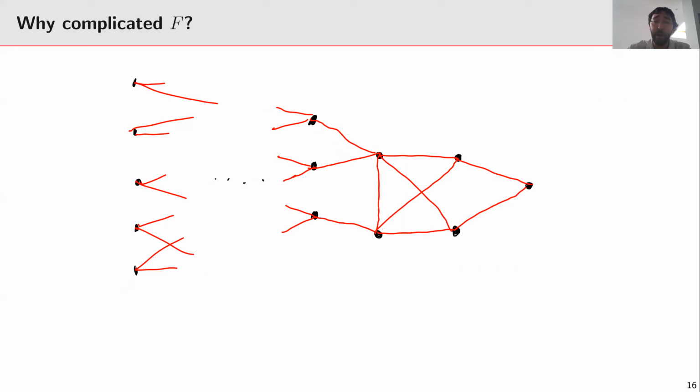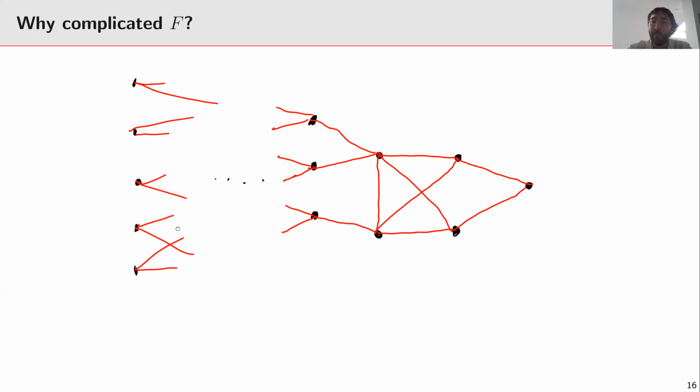Suppose that this is the graph F that I'm trying to embed, or this is a big constant size part of it. Suppose that over here, I've already embedded these vertices. And so far, I have not done anything stupid, whatever this should mean. And this vertex over here is the vertex that I want to care about not messing up when I embed, say, the next vertex here.